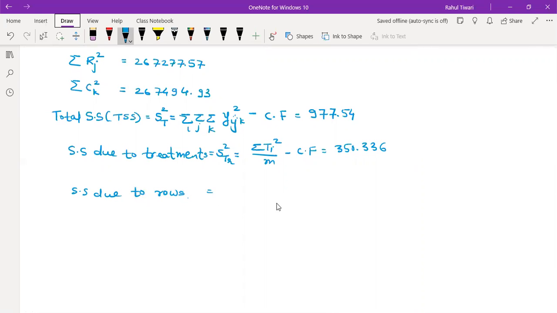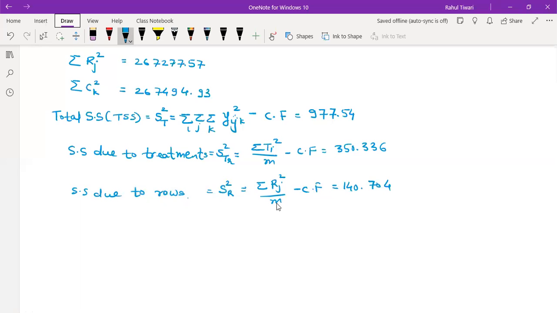So for rows, I will use the notation S squared R, which is summation over RJ square upon M minus CF. So which is going to be, I think, just cross check that this is coming 140.704.